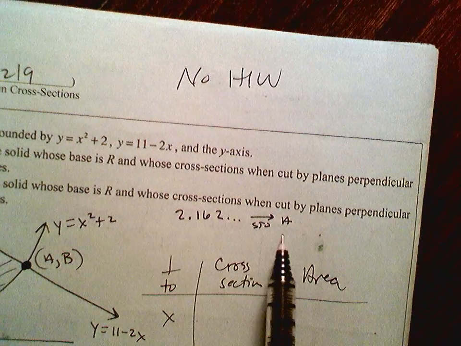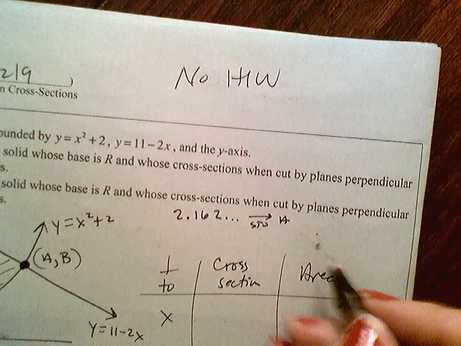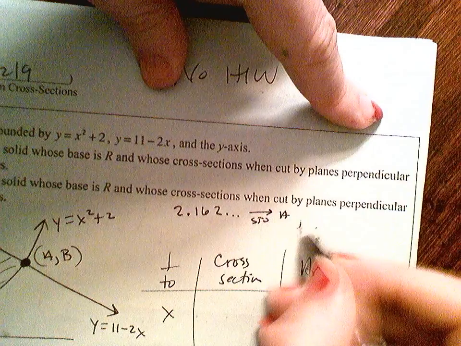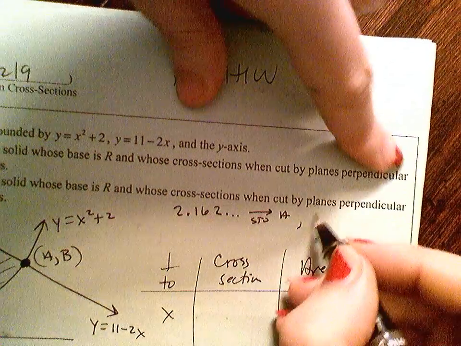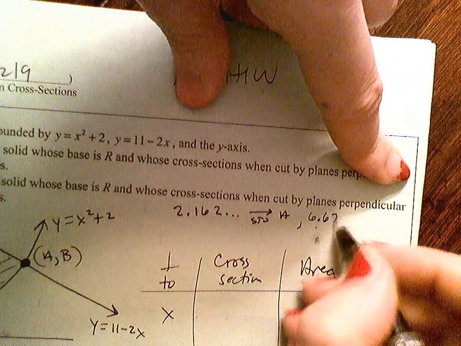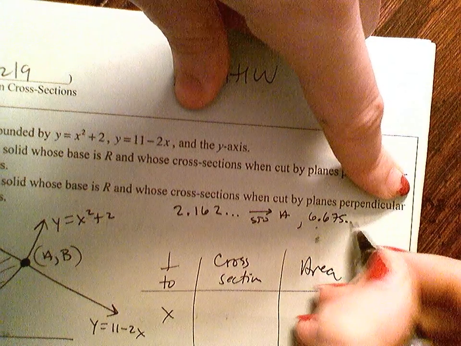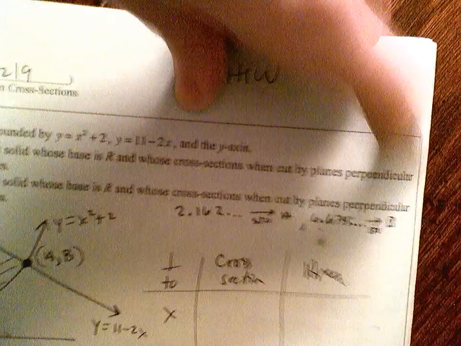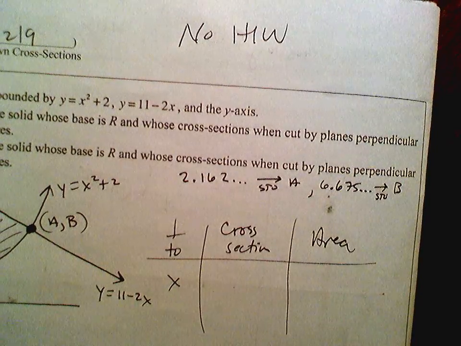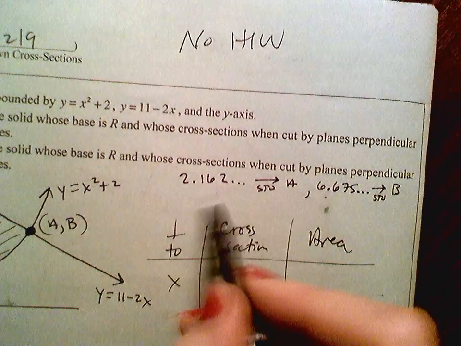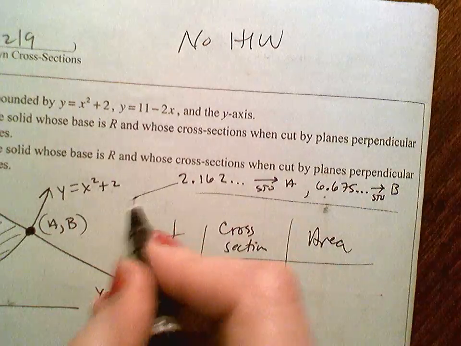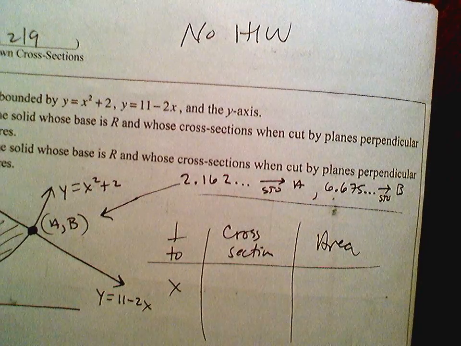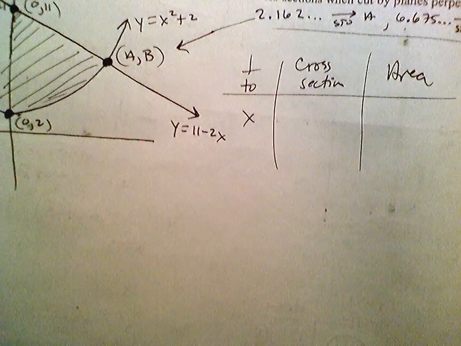This is stored as A. And then the other one, 6.675... This is stored as B. Okay? So just somewhere on your paper so your reader can see that.